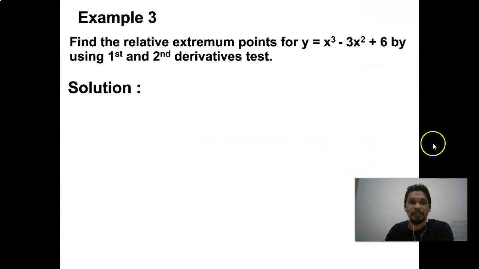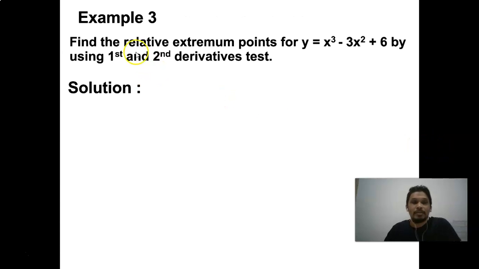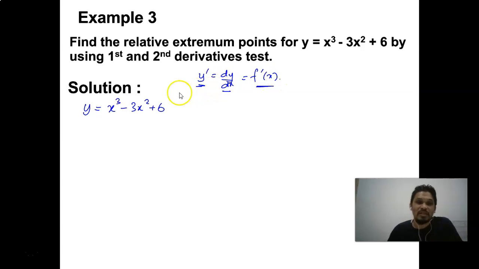Example 3. Find the relative maximum and minimum for y equals x cubed minus 3x squared plus 6 by using the first and second derivative tests. So y prime, dy/dx, or f prime, it's all the same, just symbols representing the first derivative.